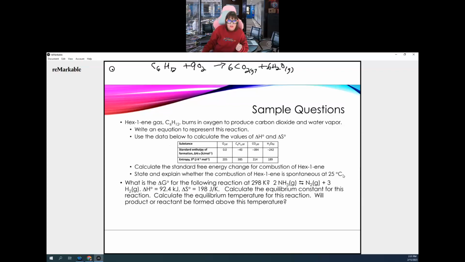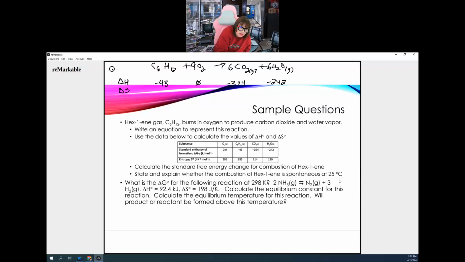Use the data below to calculate the values of delta H and delta S. So we have an O2, a C6H12, a CO2, and an H2O. The first one is delta H, then delta S. So my delta H for O2 is 0, C6H12 is negative 43, CO2 is negative 394, and H2O is negative 242.